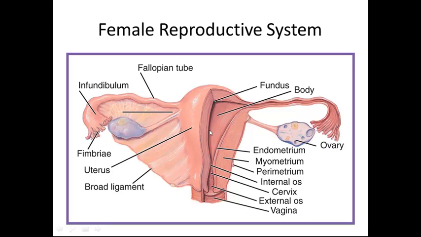The uterus has three different layers: the endometrium, which is the very inside, the myometrium, which is the muscular layer, and the perimetrium, which is the very outside. We then have the internal cervical os and the external cervical os, which then goes down into the vagina.